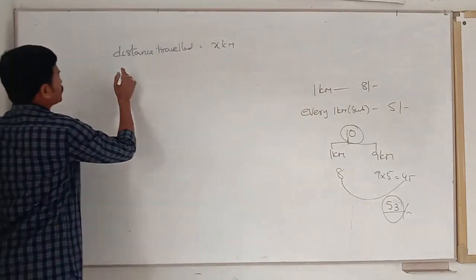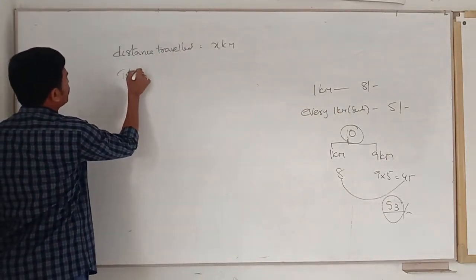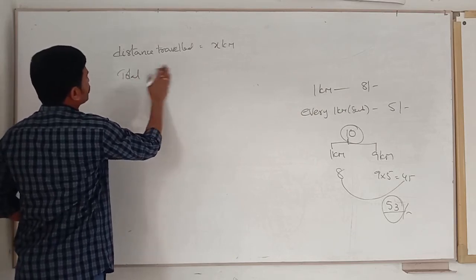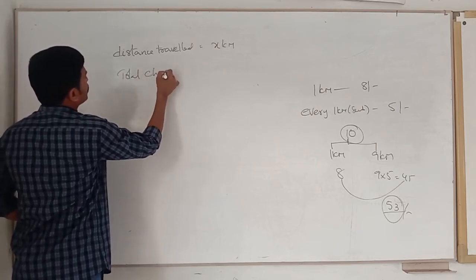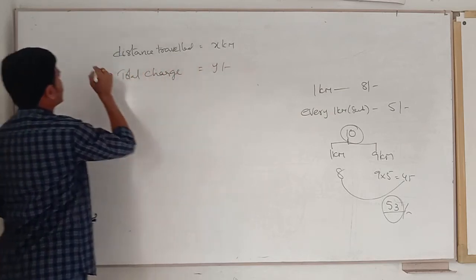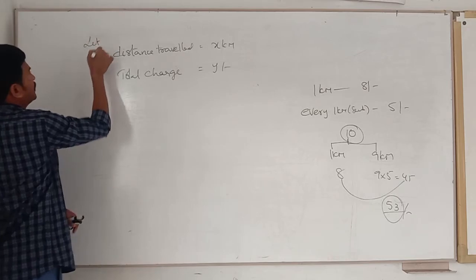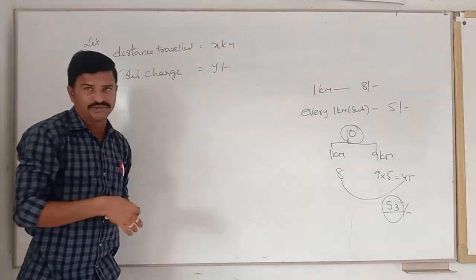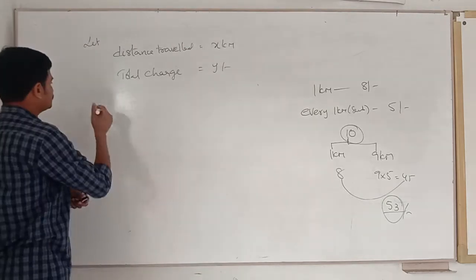So, total amount, or else total charge equals to y rupees, you can take. Let distance traveled is x kilometers and total charge is y rupees. Now let us see.